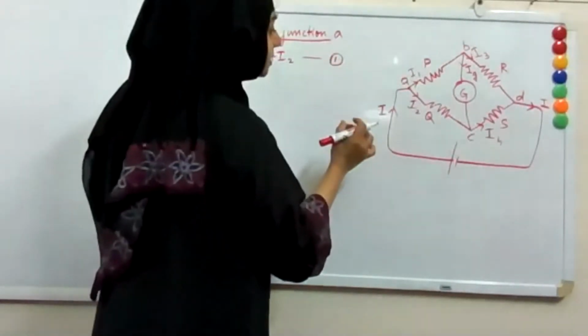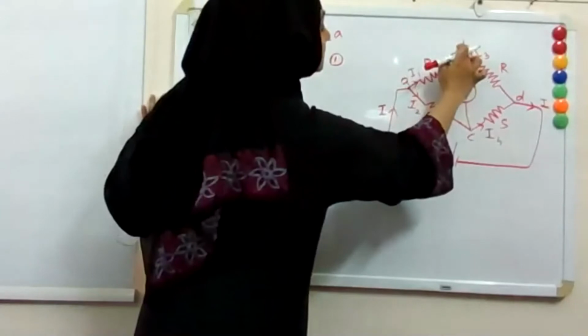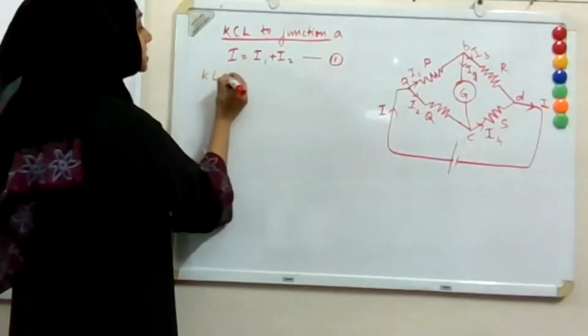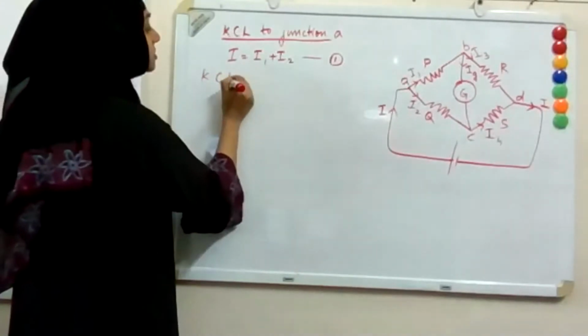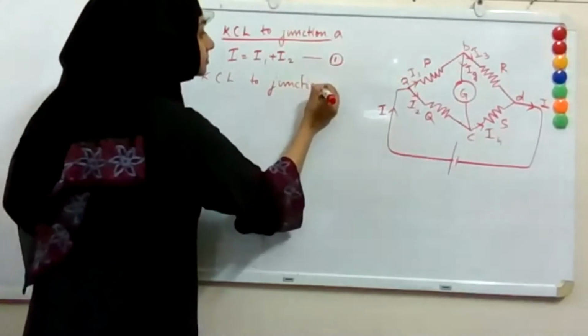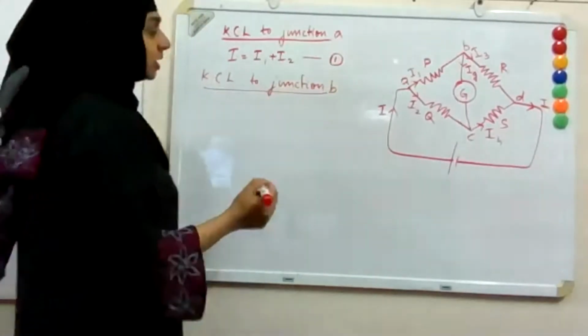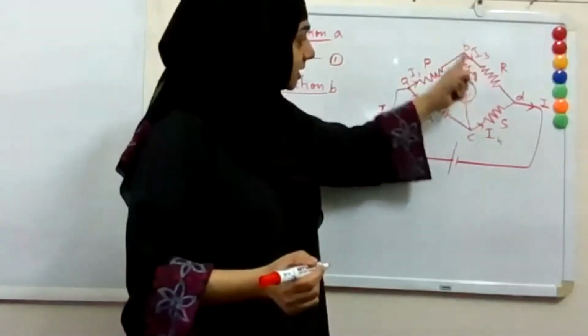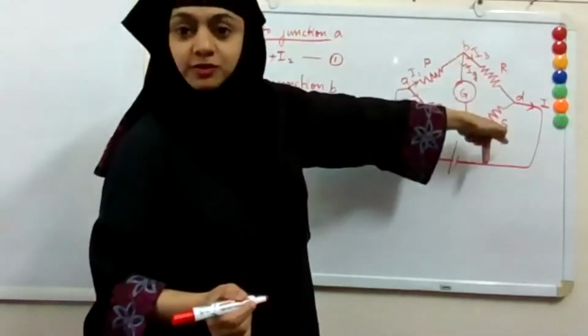Now let me apply Kirchhoff's current law to junction b. What is the current coming here? I1. I3 and IG are leaving, right?